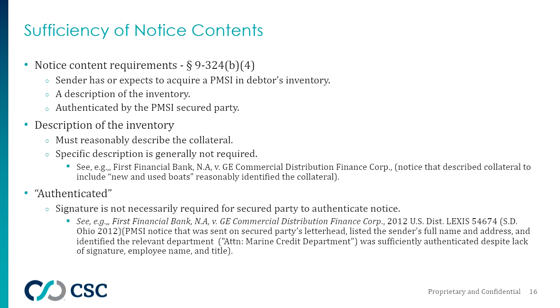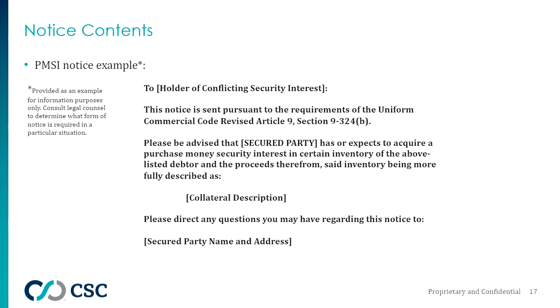As far as the notice contents, remember it had to say that they expect to acquire a purchase money security interest in inventory, and it had to describe the collateral. And what I've got on the screen here is an example, kind of a composite of a lot of different purchase money security interest notices that I have seen.